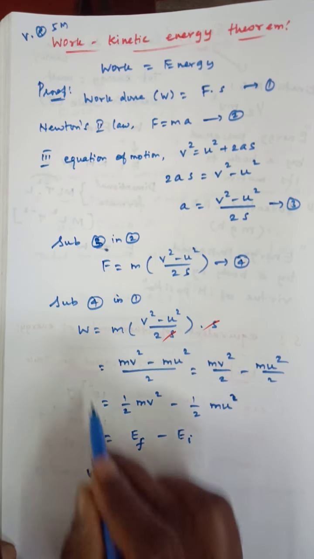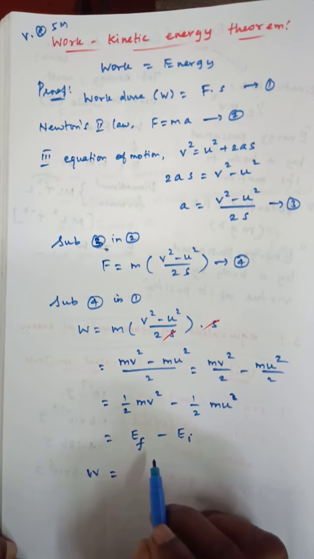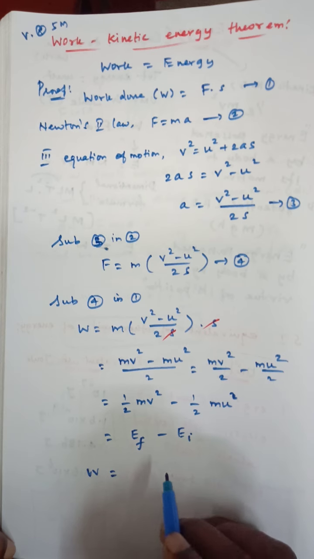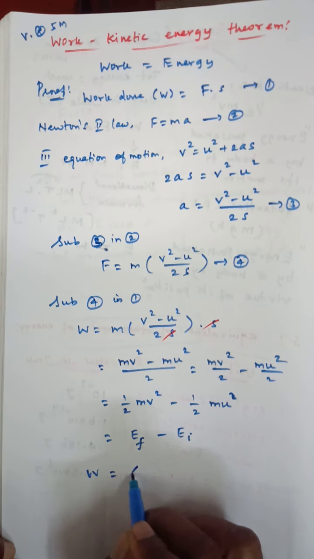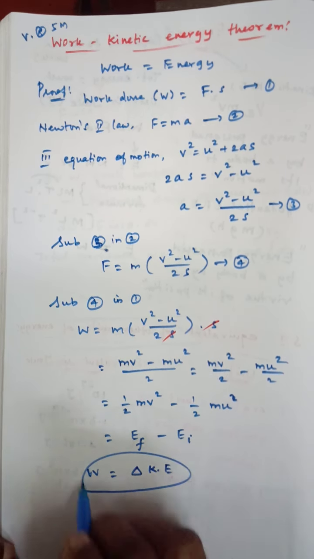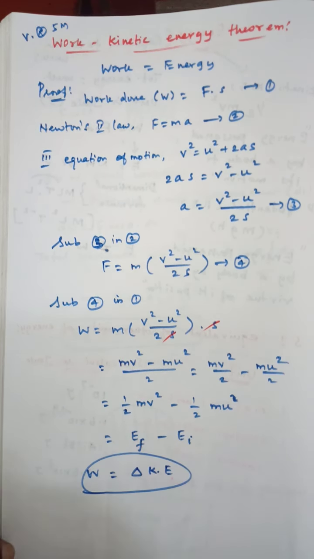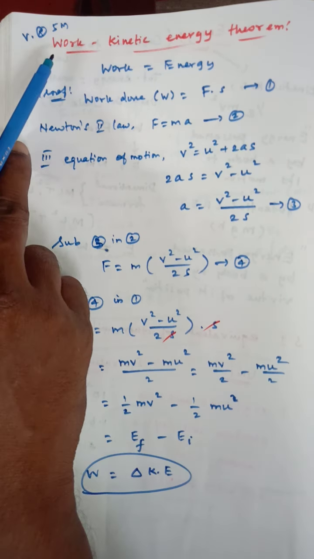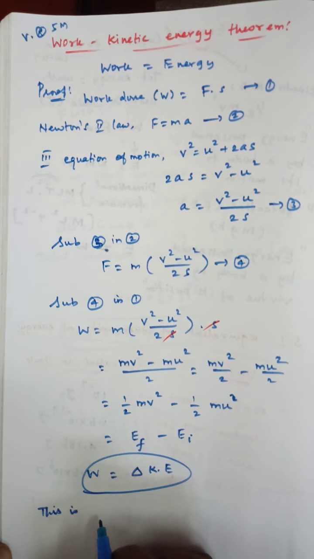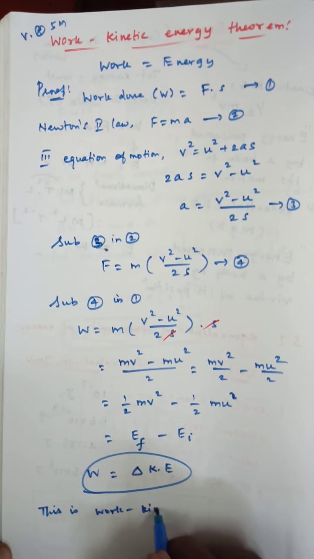Therefore, the work done W is equal to final kinetic energy minus initial kinetic energy, that is, the change in kinetic energy. Delta means change. That is the relation between work and kinetic energy. This is the work kinetic energy theorem.